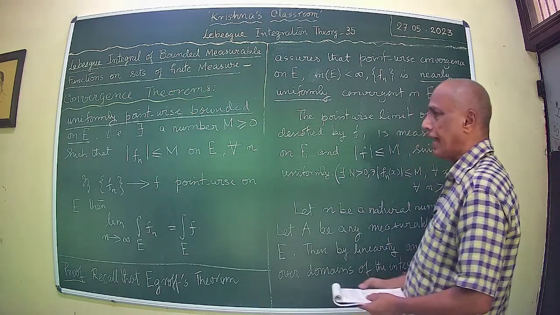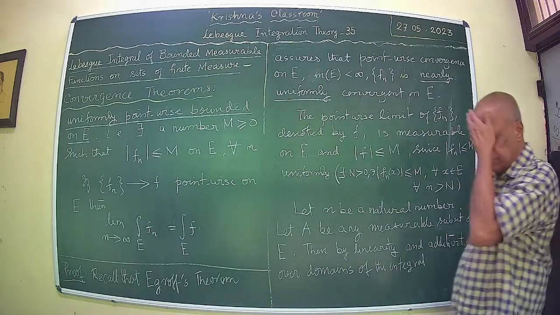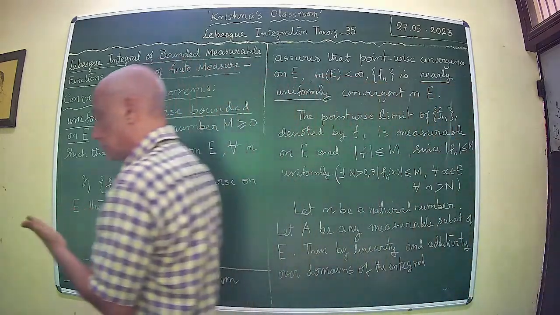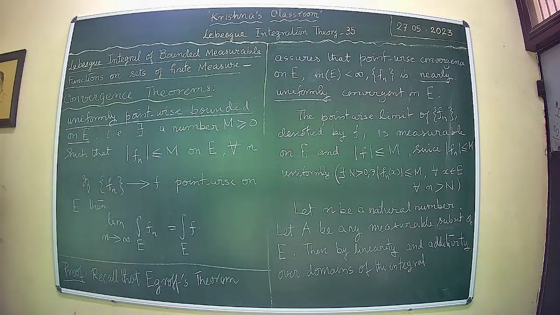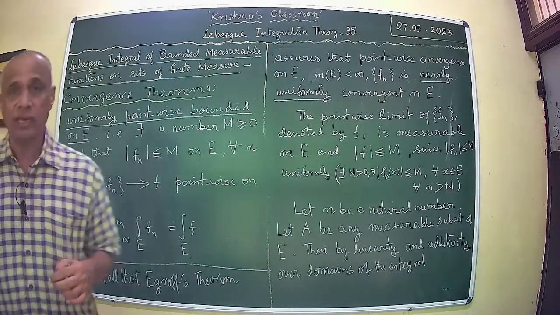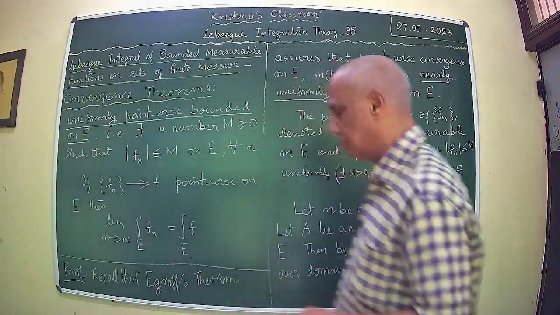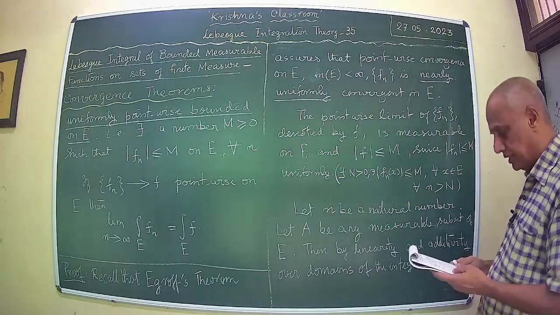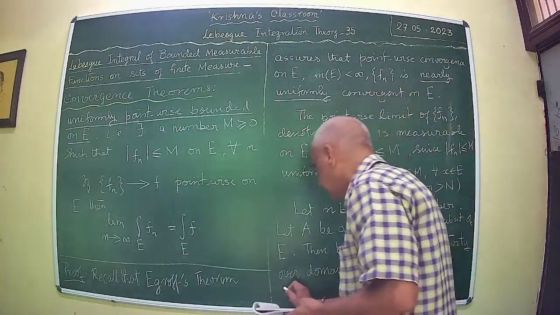This means that if A intersection B is empty, then the integral over A union B is equal to the integral over A plus the integral over B.